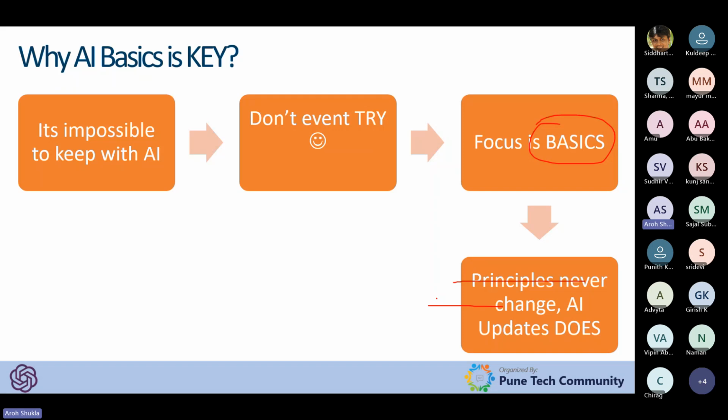The pace is impossible to keep up with. Even I don't know today what new model has come into the picture, and we should not try that. If we focus on the principles, you are in good shape. So always focus on the principles and the fundamentals, which I keep sharing on LinkedIn as an AI voice. The AI keeps changing, so don't chase that.